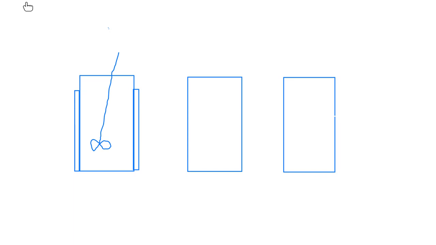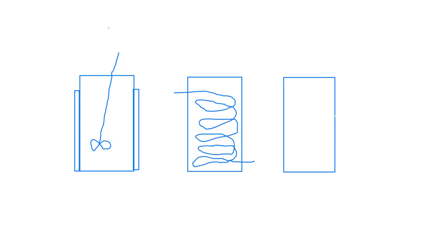The other way, you can get more area into your reactor if you use cooling coils. So you can have a coil that runs on the inside of the reactor. I'm going to take it out that way, left to right, and that way you can remove the heat of reaction.